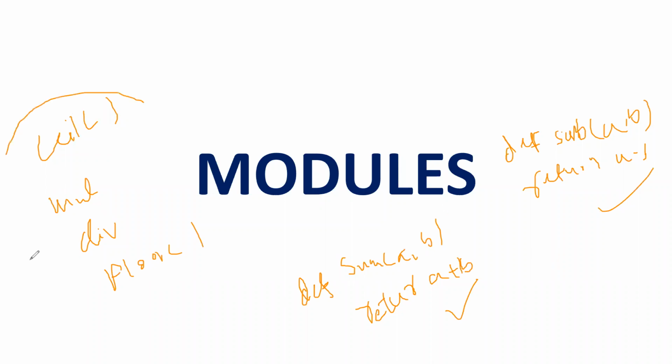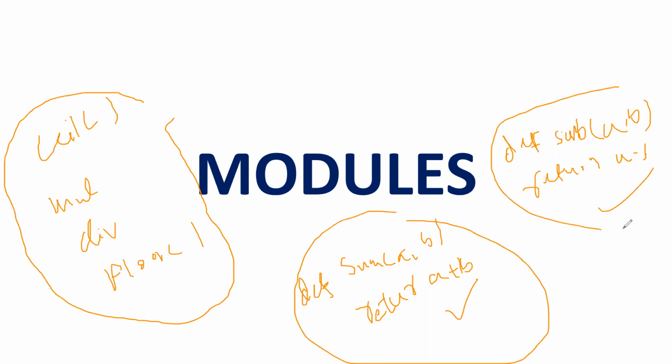If I write all these functions in a single program, this program is nothing but a module. So the combination or group of functions in a single entity or a single program is called a module.